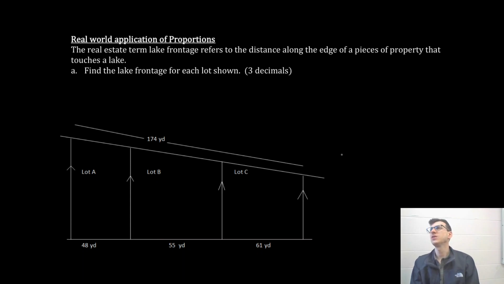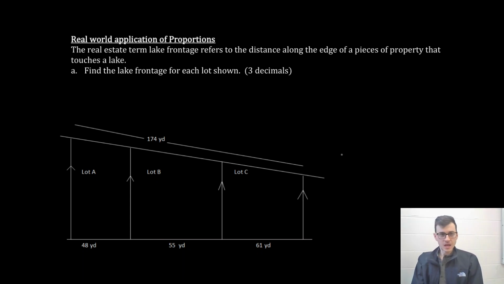But let's say, for the sake of example, we have 3 lots that are identical except for the fact that they have different amounts of lake frontage. Okay, all other things equal, they've got different amounts of lake frontage. So I know that those are some serious constraints on our problem, but it helps us kind of work with what we've got.